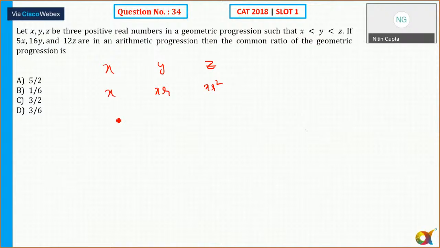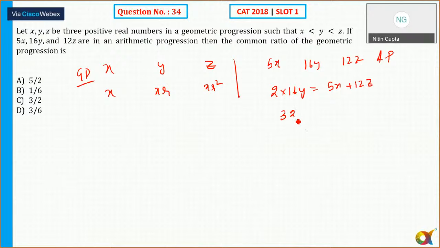And 5x, 16y, and 12z are in AP. What does it mean? Twice the middle term, that is 16y, is equal to the first term 5x plus the last, that is 12z. So it means 32y is 5x plus 12z.